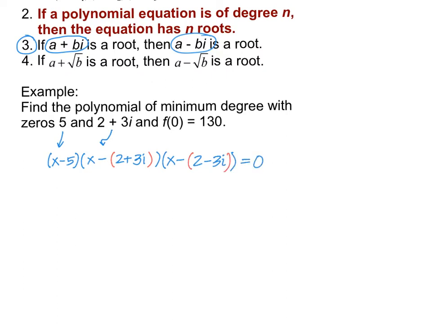And so this third factor comes as a result of property number 3 above. Now at this point, we're going to distribute this minus sign into the 2 plus 3i, giving me x minus 2 minus 3i, and likewise over here, I would have x minus 2 plus 3i.